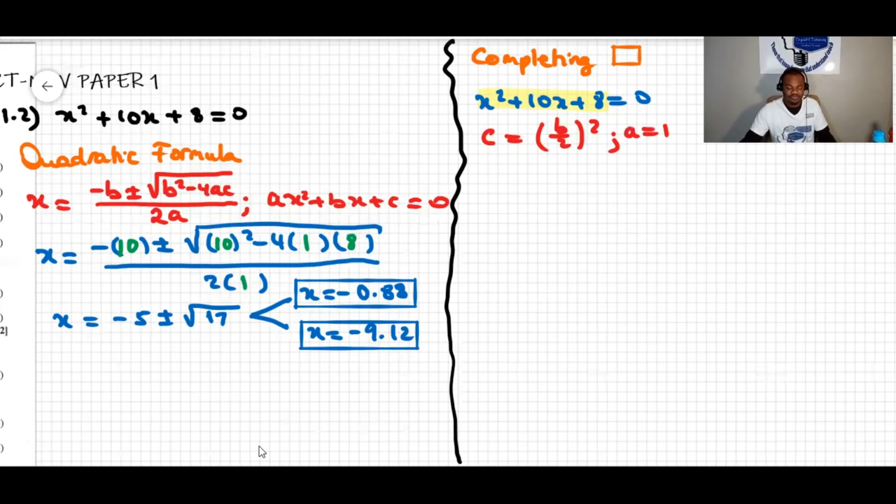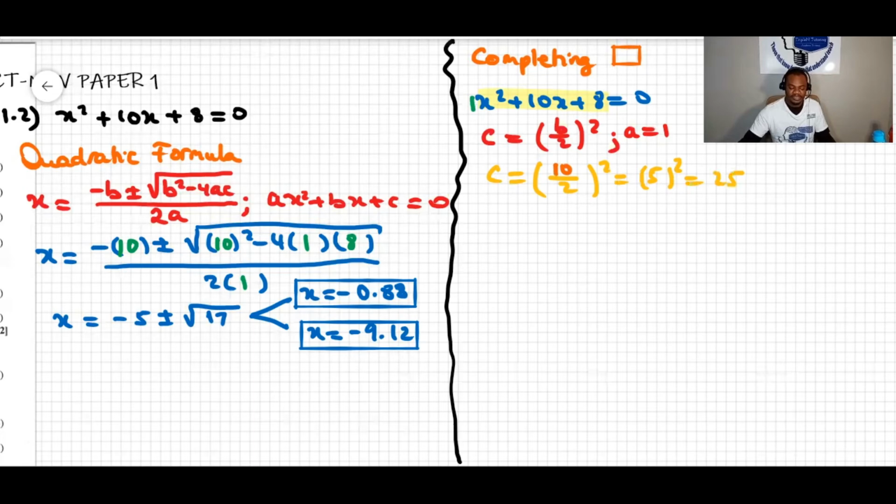But in this case we are lucky because a is just equal to 1. Let's first find the c value. c will be b over 2 to the power of 2, where b is 10. So 10 over 2 to the power of 2, so c will be equal to 5 to the power of 2, which is 25.